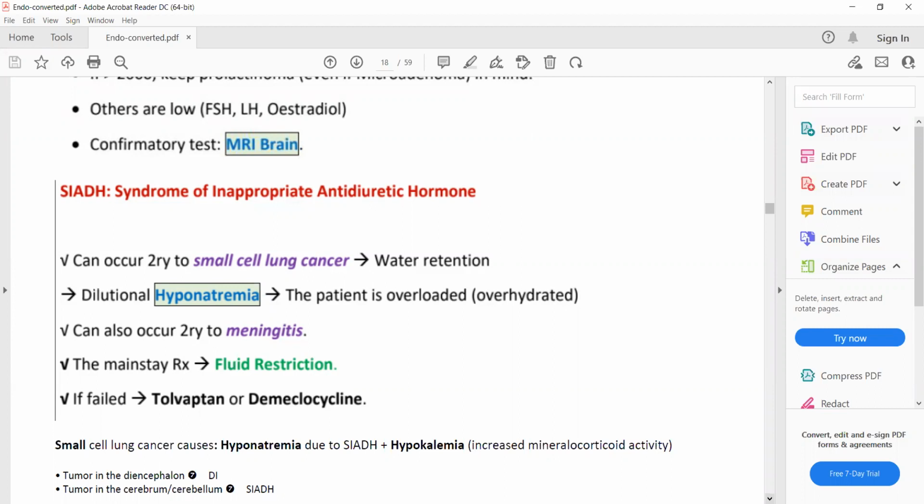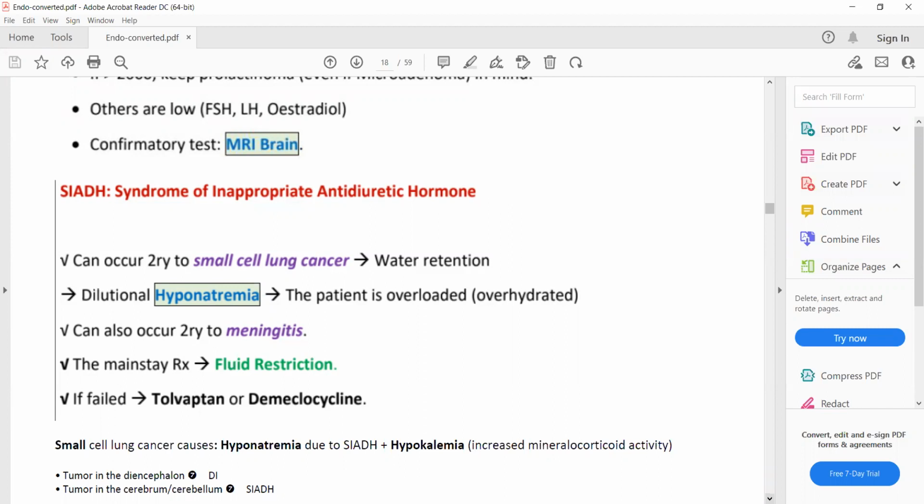Remember this point because sometimes in the PLAB exam, they give you a scenario of SIADH and they ask you which part of the brain is involved. So remember that if there is a problem with cerebrum or cerebellum, it will lead to SIADH.